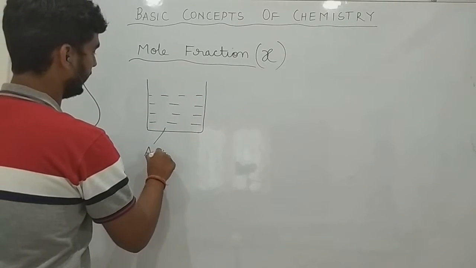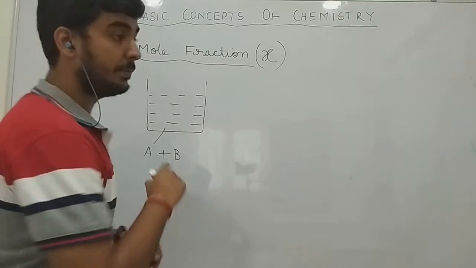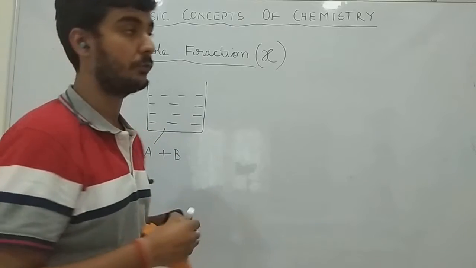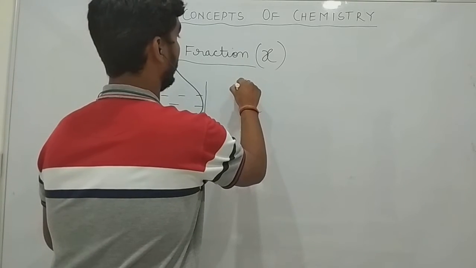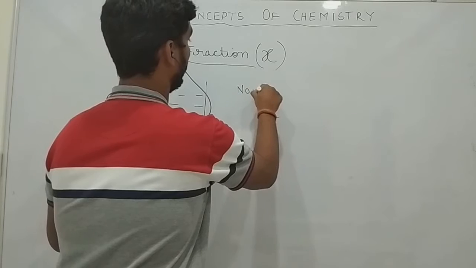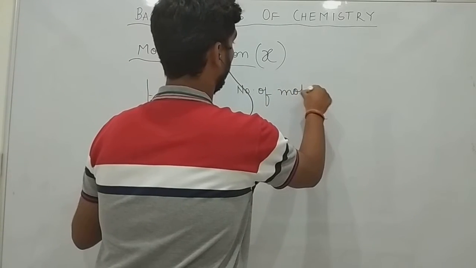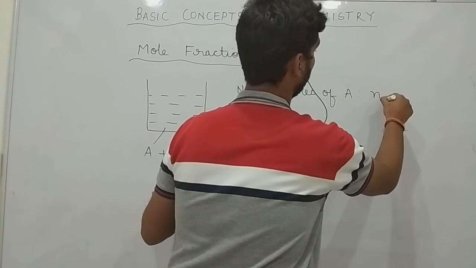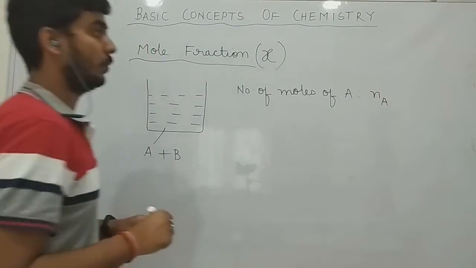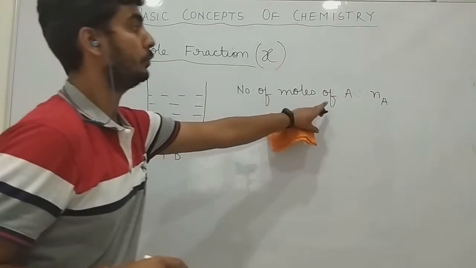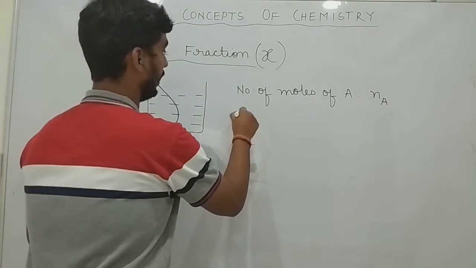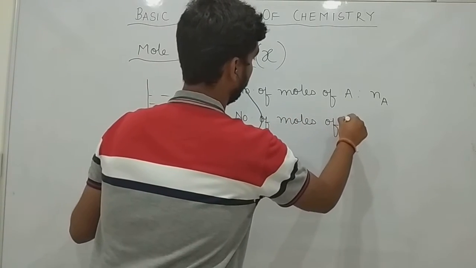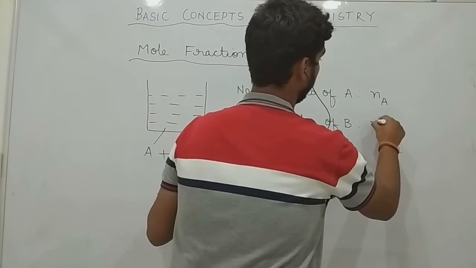There are two components, A and B. Now I have prepared this solution using some amount of A and some amount of B. So let the number of moles of A present in the solution be denoted by Na. Na represents the number of moles of A present in this solution. Now, the number of moles of B is represented by Nb.